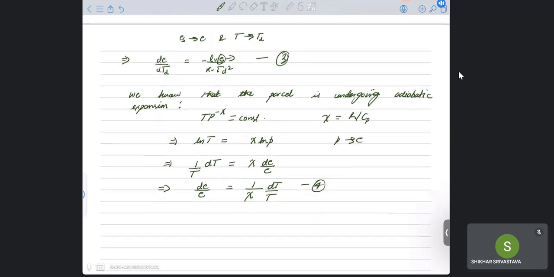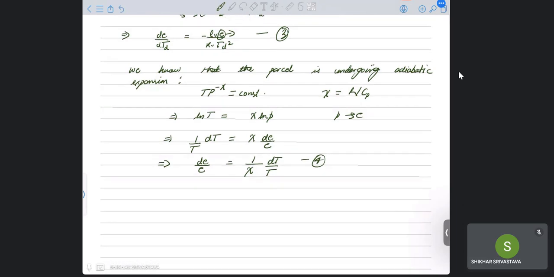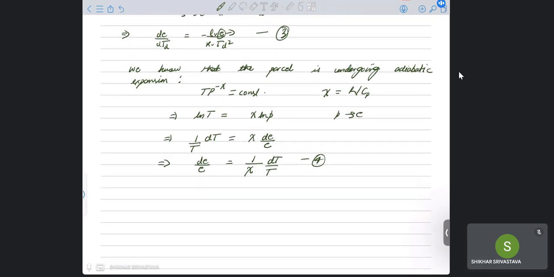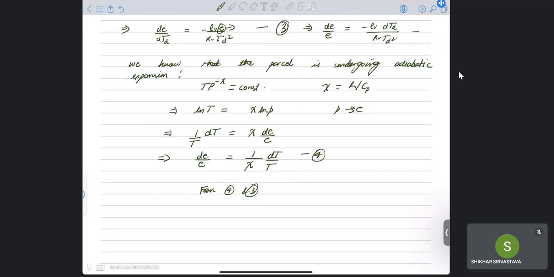Okay. So what I will do now is, from 4 and 3, we can write 3 like this also: dE upon E is equal to minus LV dTD upon RV TD square.